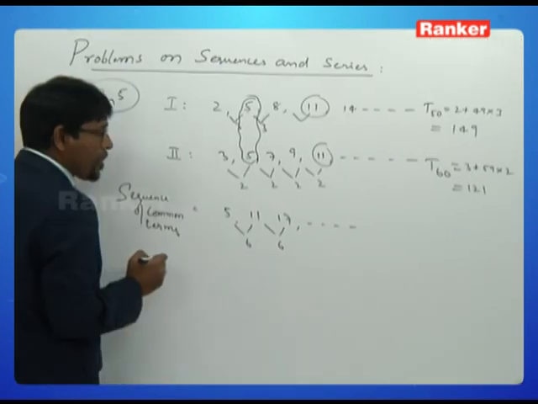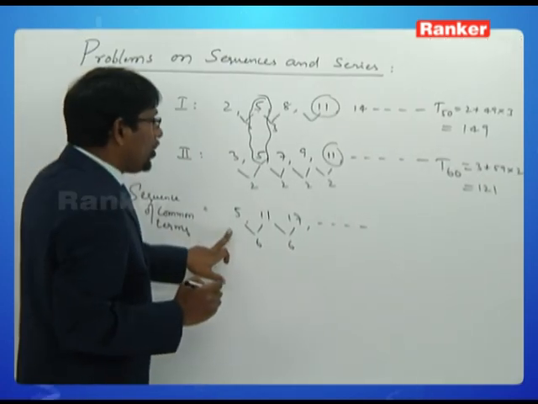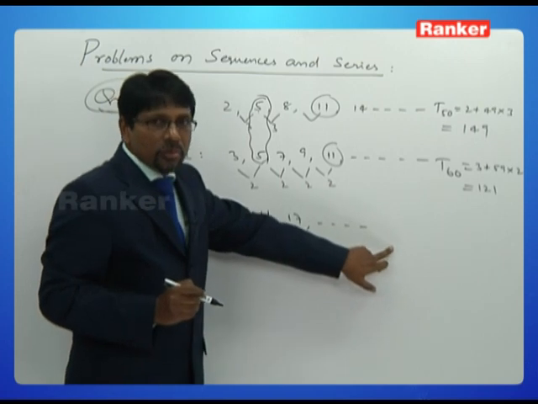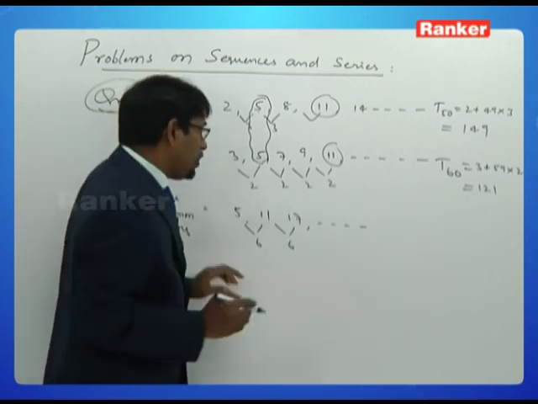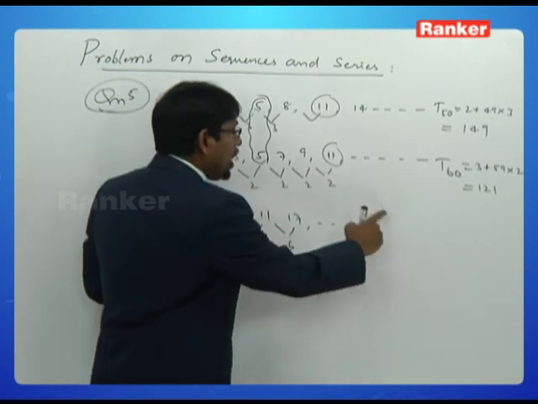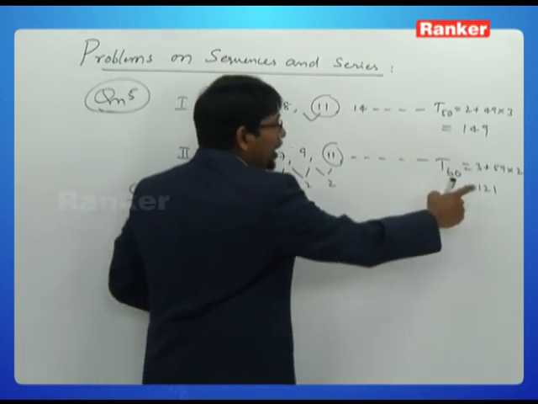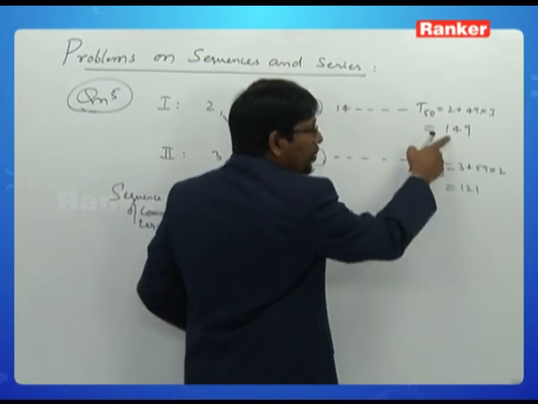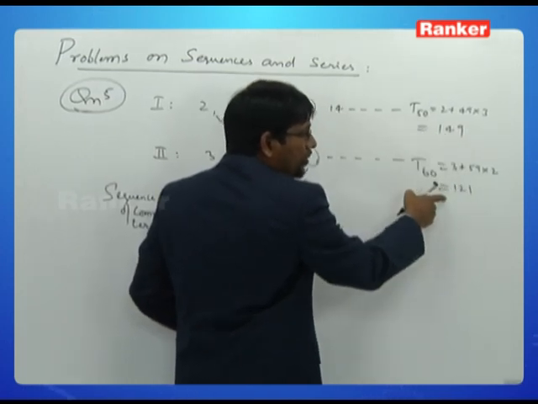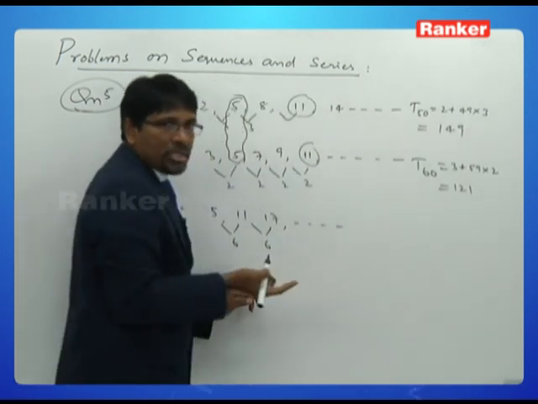Now he has asked what should be the number of terms common to this. So I must see that the last term should not exceed 121, and when it is not exceeding 121, it will not exceed 149.